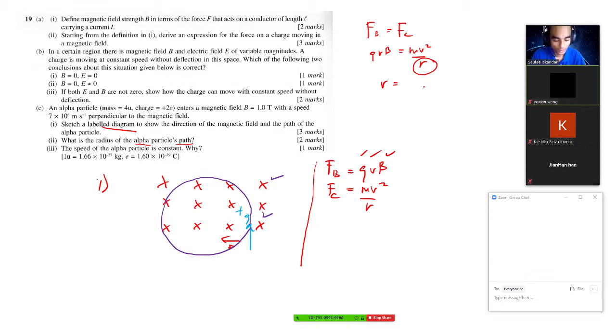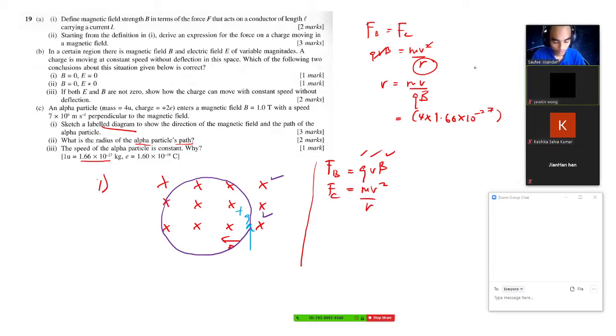So r equals mv over qB, since you can cancel v. Now just substitute everything. The mass will be 4 times 1.66 times 10 power of negative 27. It's already given, but you have to multiply by 4 because it has 4u.